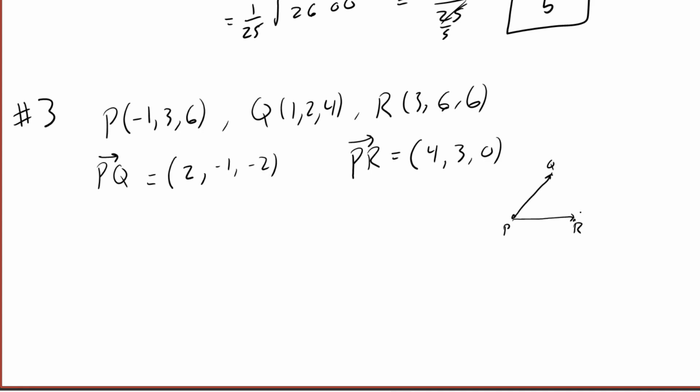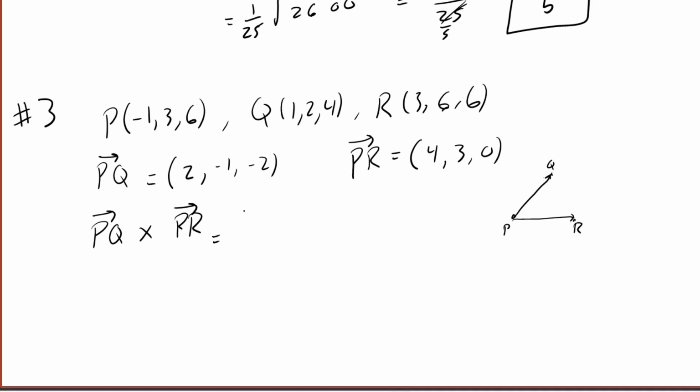So they're both going to be flat on the plane, flat on the screen, and the normal to the screen is going to be sticking straight up out, right? So that's the way I get that: I need a vector that is orthogonal to everything in the plane, right? It's going to be orthogonal to PQ and orthogonal to PR. Well, we have an easy way to generate that. We do PQ cross PR.